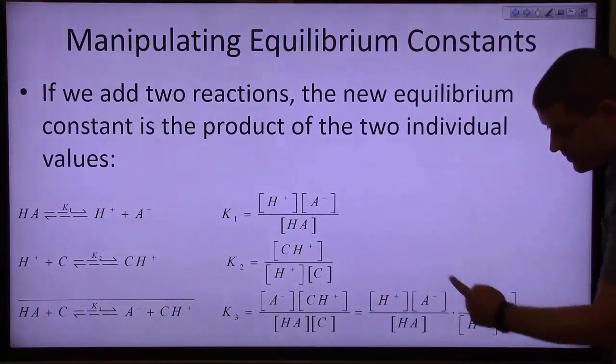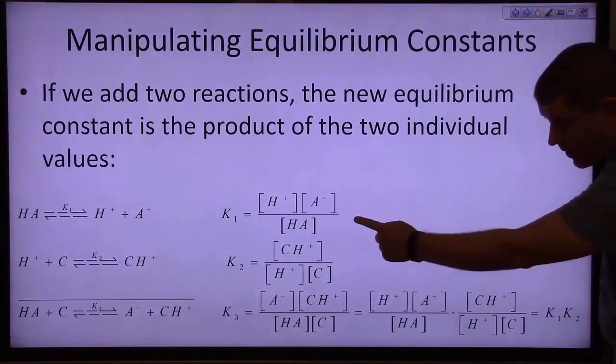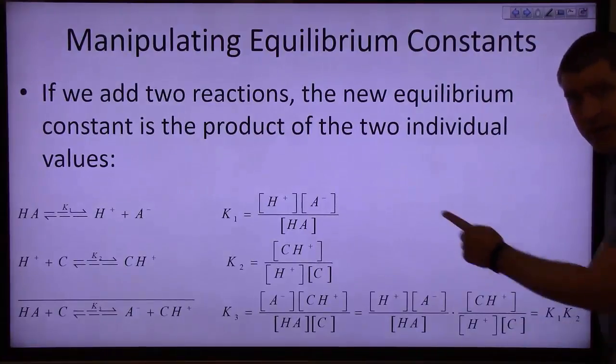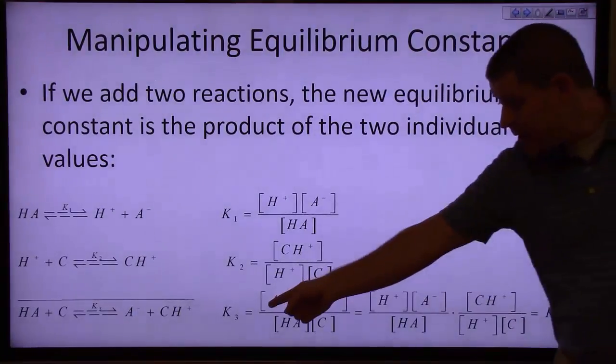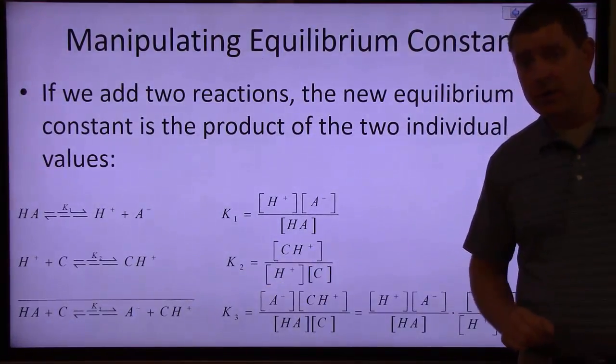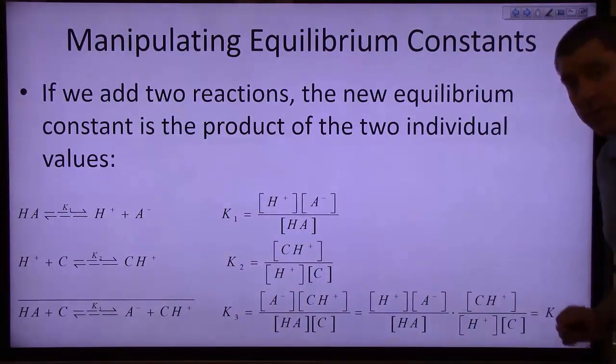Of course, this left fraction is K1, and the right fraction is K2. So K3, our overall equilibrium constant, is simply K1 times K2.